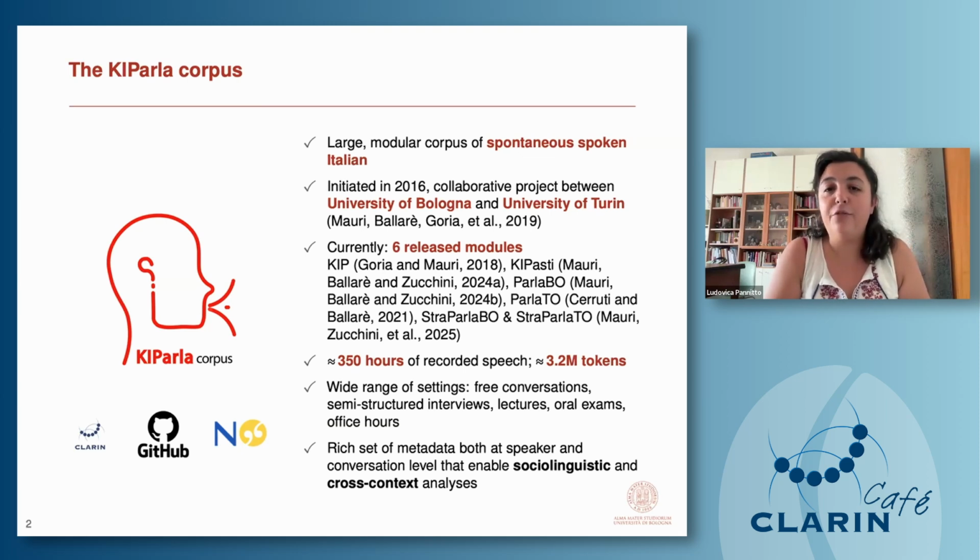It's currently composed of 6 released modules for a total of 350 hours and about 3 million tokens. And they include a wide range of settings, conversation-wise, and a rich set of metadata, both at the speaker level and at conversation level, that enables sociolinguistic and cross-context analysis.